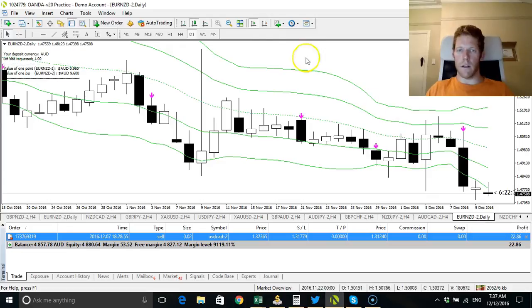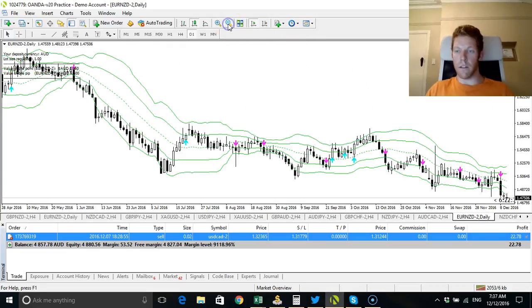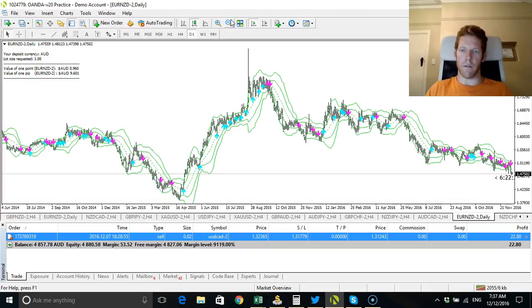Euro NZ, there's a signal presented, but it's a little sideways, and when we compare it to the USDCAD, you can see it's a marked difference. It's not a long-term downtrend, not a strong downtrend at all.